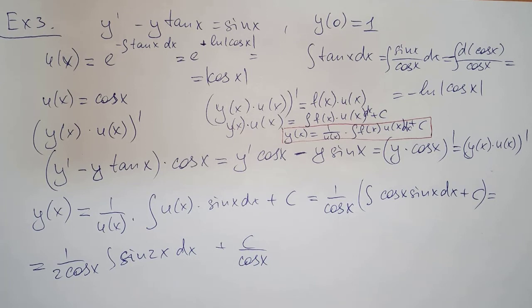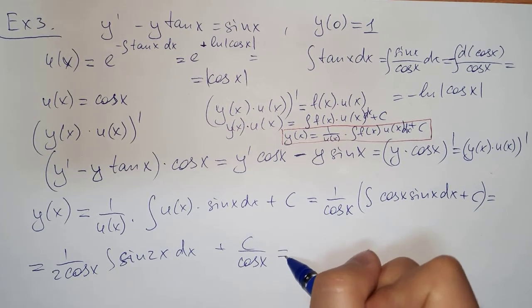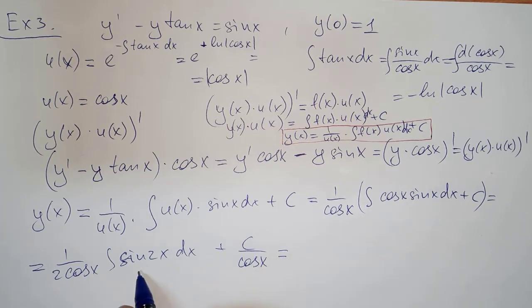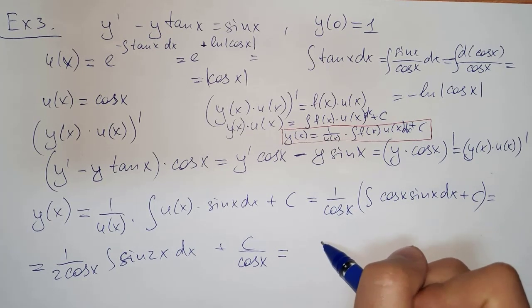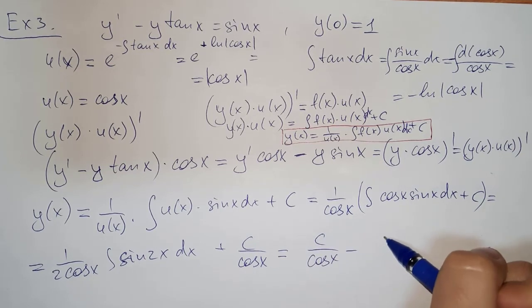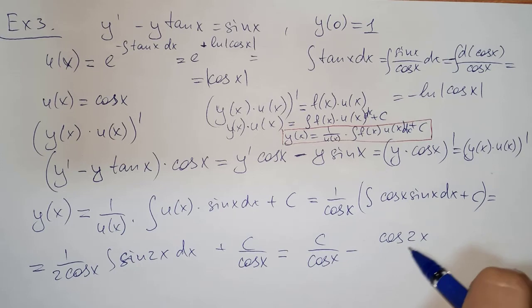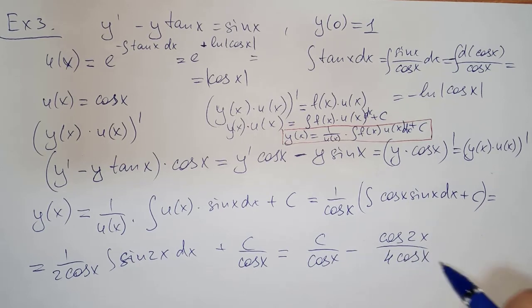So the integral is minus cosine 2x over 2. So it will be c over cosine x minus cosine 2x over 4 cosine x.